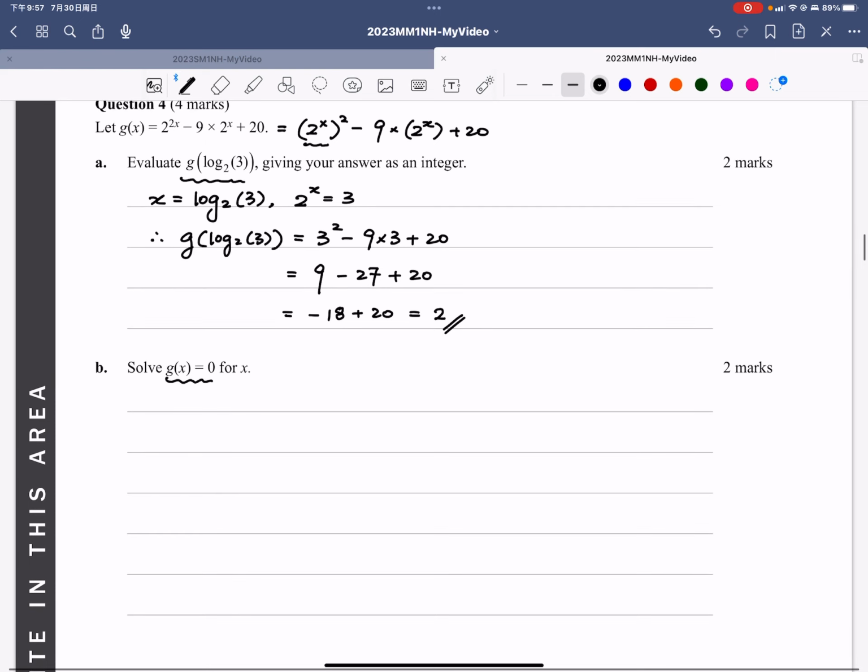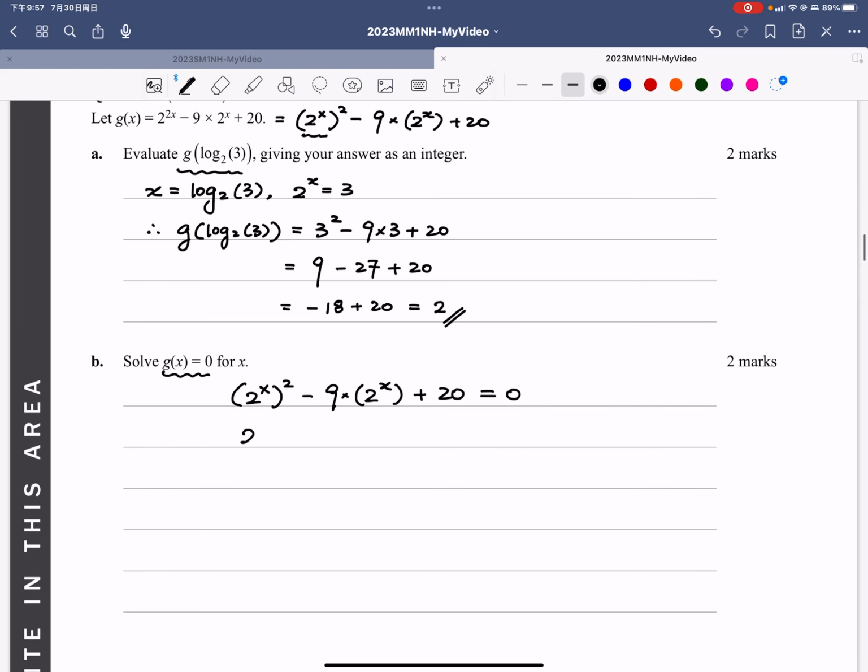Next, solve g of x equals 0 for x. We already converted the function into a similar quadratic form. 2 to the power of x squared minus 9 lots of 2 to the power of x plus 20 equals 0. So let's try to factorize that. 2 to the power of x, 2 to the power of x, multiplied together. And if you want to get a 20, I would try 5 and 4.